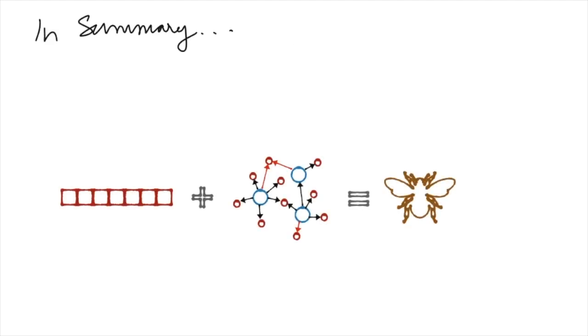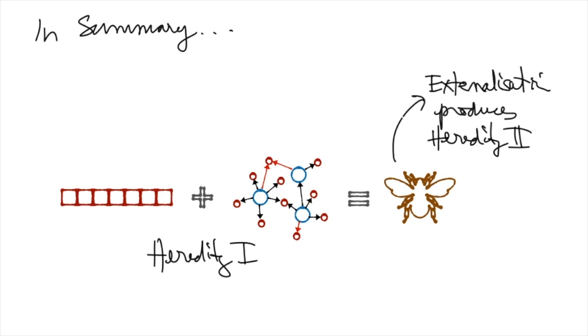In summary, genes and their regulatory network modified by selection pressures is heredity 1. And externalization by a phenotype or group of phenotypes produces heredity 2. Heredity refers to persistence, so the gene sequence, the regulatory network, and the selection pressures within the environment are the sources of persistence in this model.